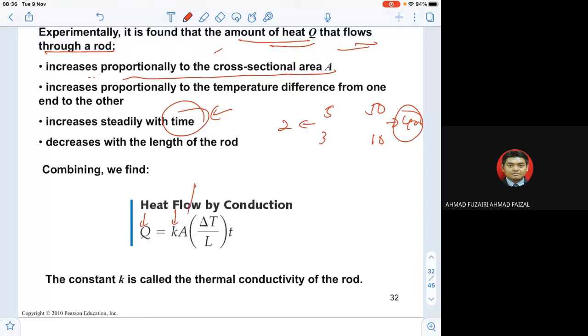A is the area, delta T is the difference in temperature, L is the length of the rod, and t is the time. So we take everything into consideration: Q = k A delta T t over L. Where k is a value that depends on the material.